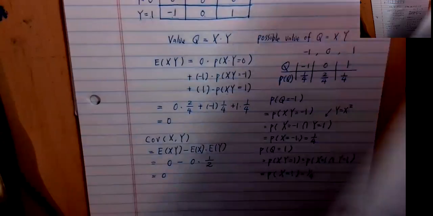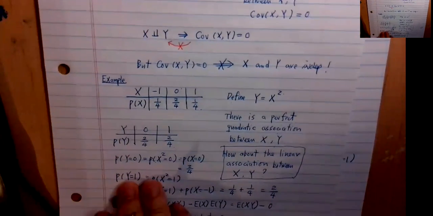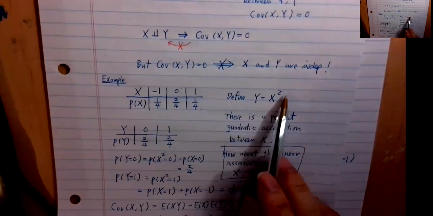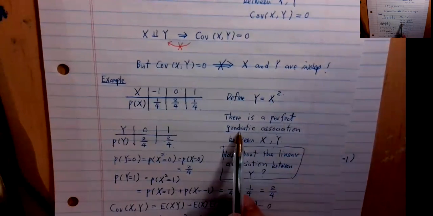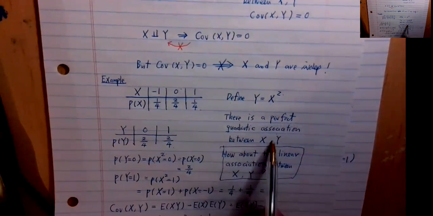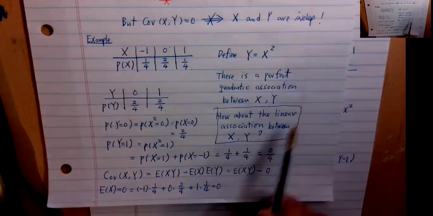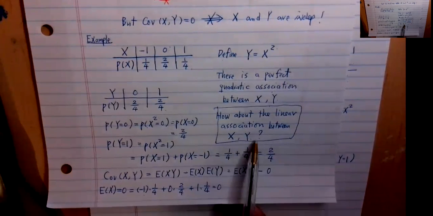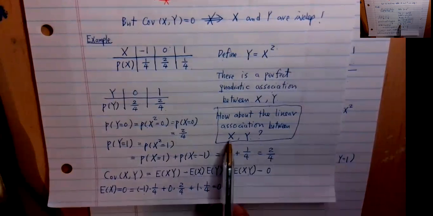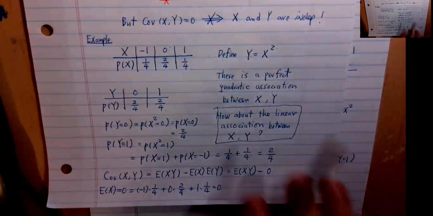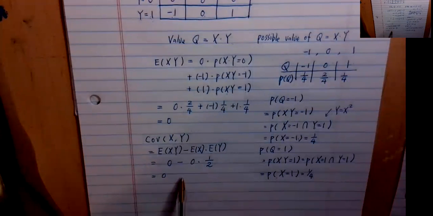So what do you learn? Look at our example here. Y is equal to x squared. There is a perfect quadratic association between x and y. But how about the linear association between x and y? Remember, for linear association between x and y, we use covariance. Now we find covariance of x and y is 0.